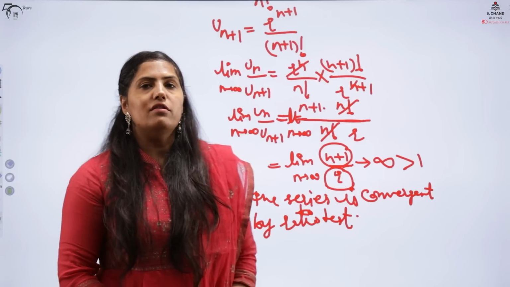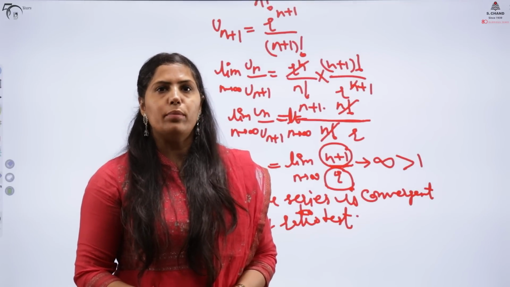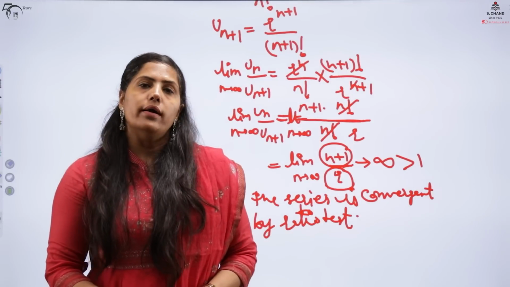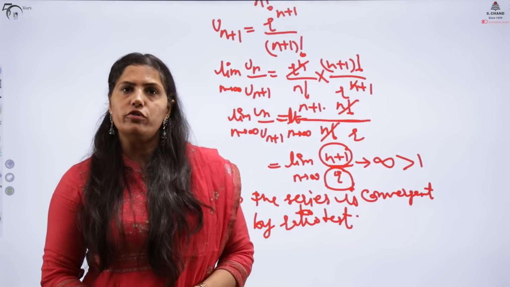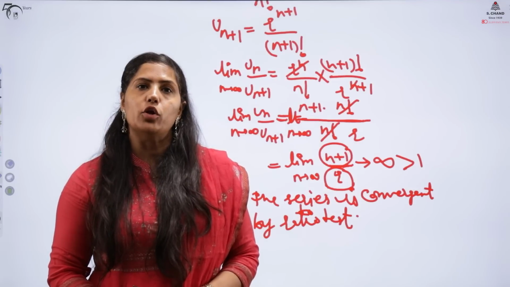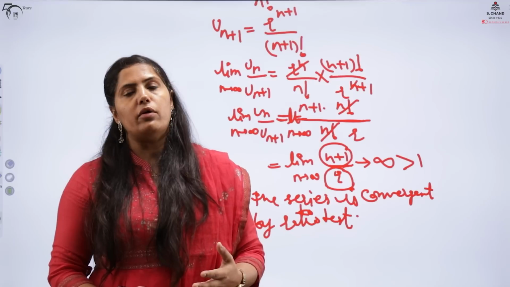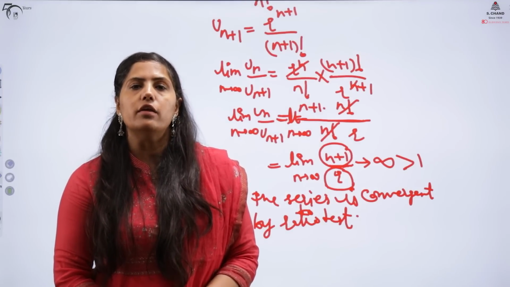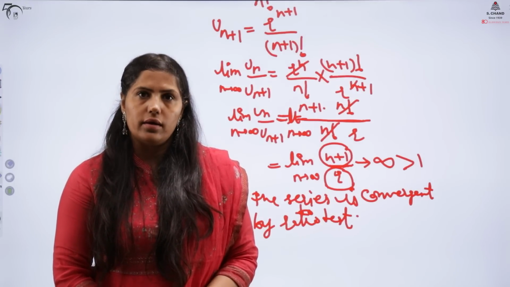So we did 2 examples on ratio test and 2 examples on root test. In this lecture we did Cauchy's nth root test. It is applicable where your nth term is in power form, so if the nth term is in power form, better you apply Cauchy's nth root test. In case it is failing, you can move to the other test.